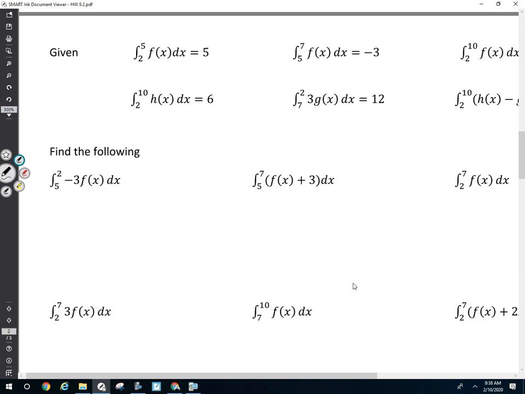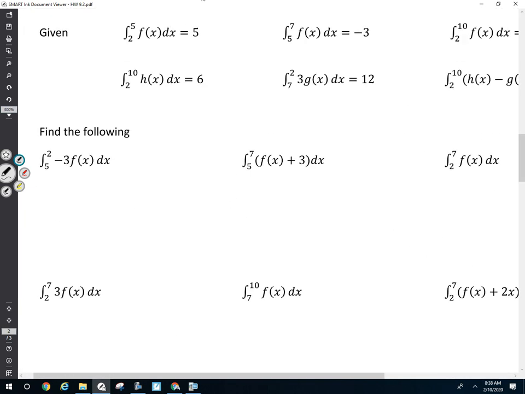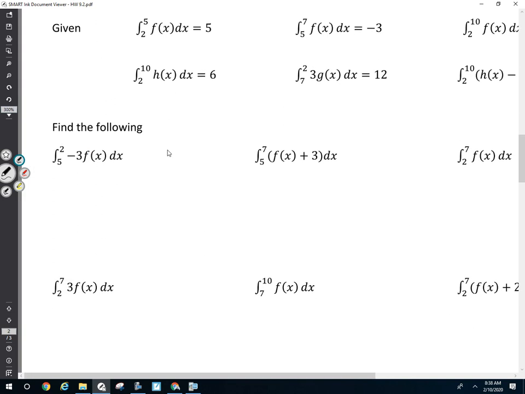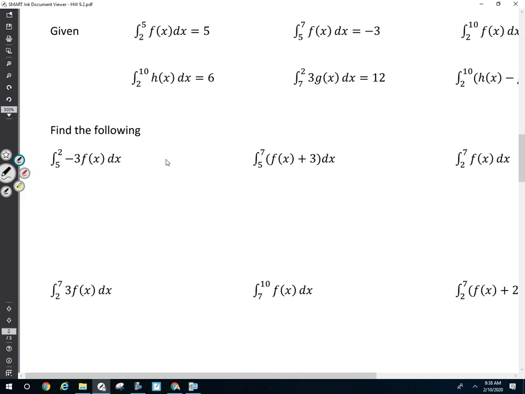All right. Now I'm given a bunch of things that I know, like areas under F, areas under H, H minus G, 3G, all that good stuff. Okay, so integral from 5 to 2 of negative 3f of x, what does that equal? Well, I know what the integral of 2 to 5 is, and I know it's going to be the opposite. So I'm going to go ahead and take that opposite out.